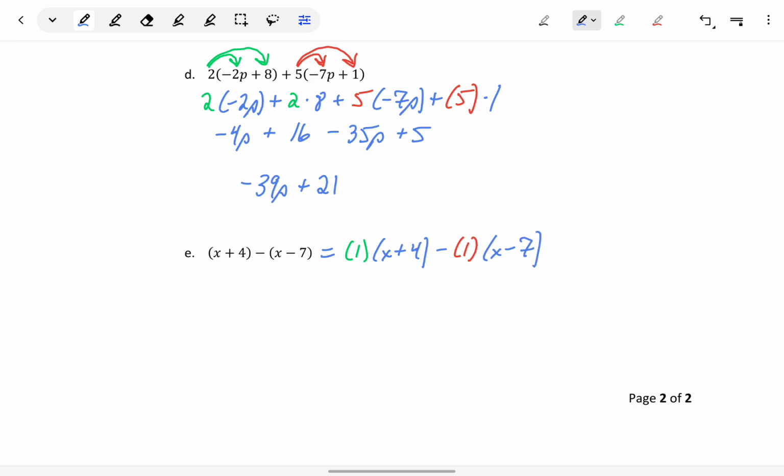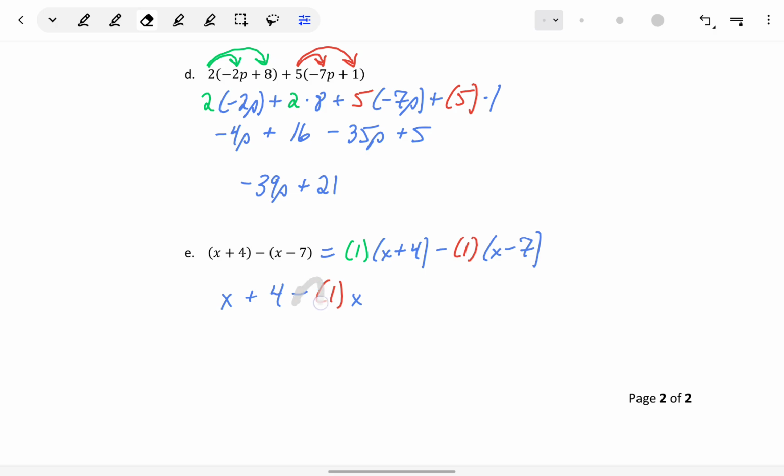So we can always think about multiplying by 1 since that doesn't change a value. What we're doing in the first set of parentheses is distributing a 1 through, so really nothing changes. Where we had x plus 4, we can just write that again, but drop those parentheses. Then we're subtracting 1 times 7, or I'm sorry, 1 times x.